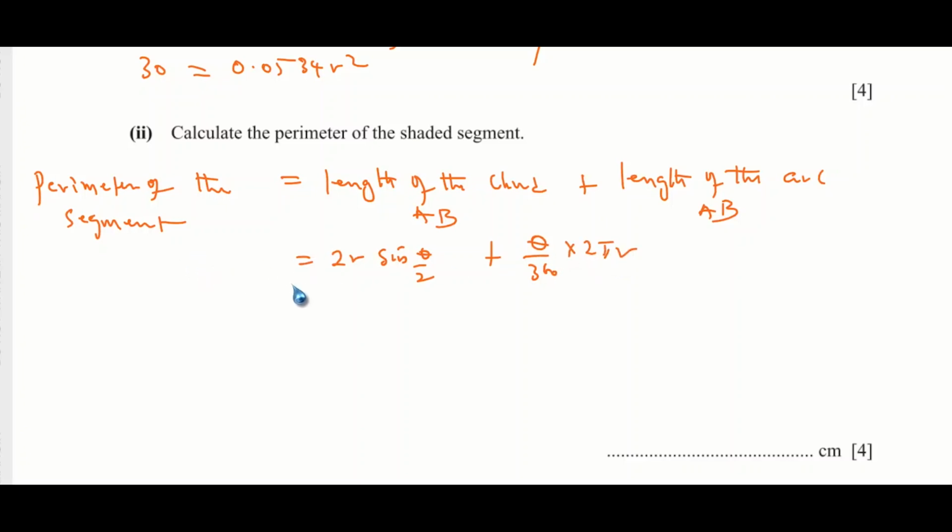So let's key in the values. It should be 2 times 23.7 times sine 25, plus 50 over 360 times 2 times 3.142 times 23.7. You can actually do this straight away and add everything together.